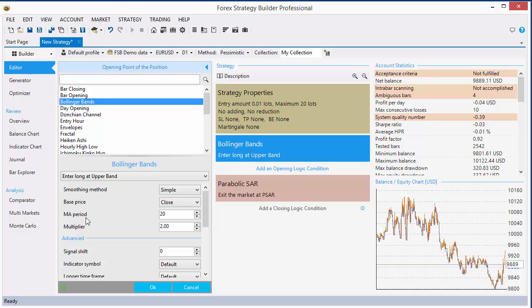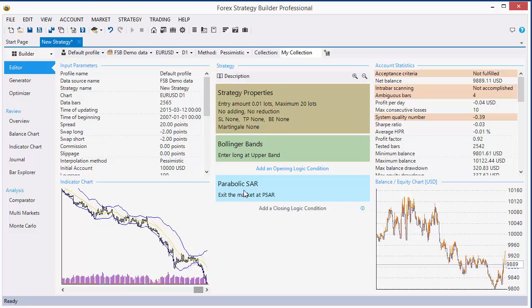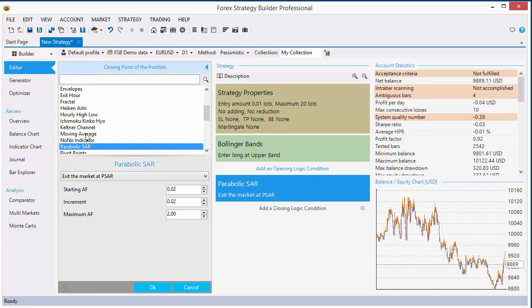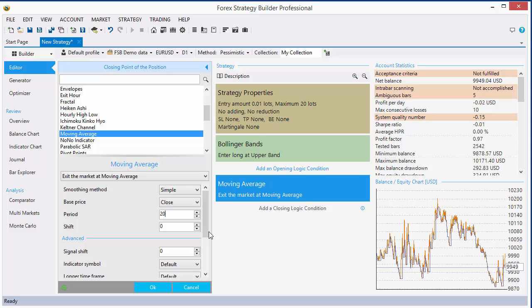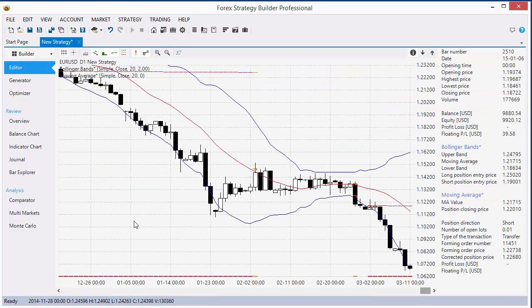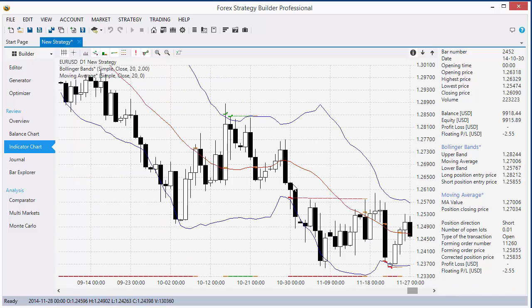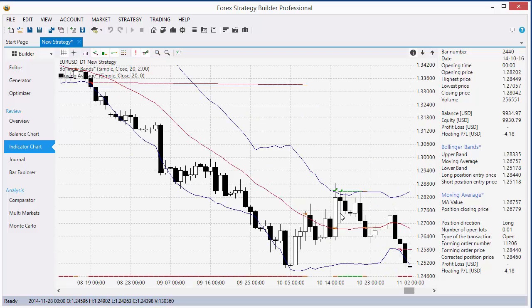In that case, we have a simple moving average with a period of 20, with bands below and above it. And I want to close the position at that middle line. So I'll set a moving average here, and I'll set a period of 20.